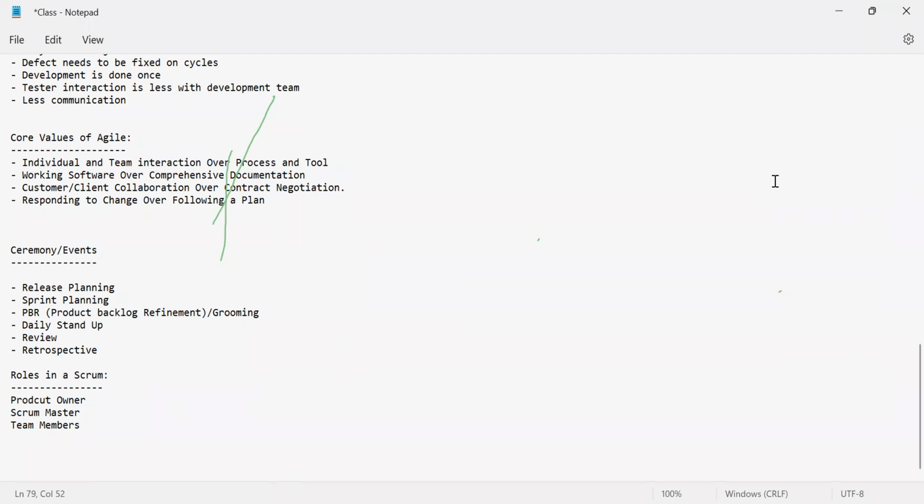Then it contains the definition of ready, which means when the story needs to be developed. Definition of done, which means when the story is said to be satisfying all the functionalities.